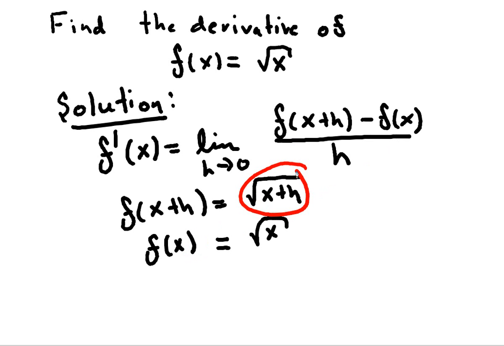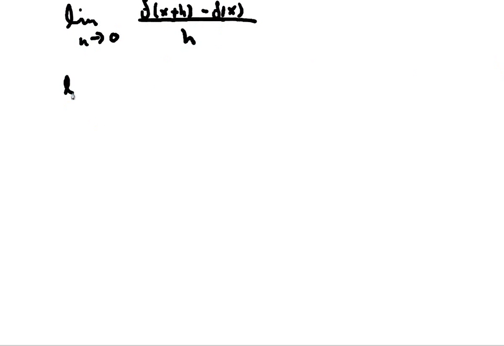Now f of x plus h is simply equal to the square root of x plus h, and f of x is equal to just the square root of x. Now that we have what f of x plus h and f of x are, we're going to substitute this inside here, and this inside here. Let's go ahead and do that right now.